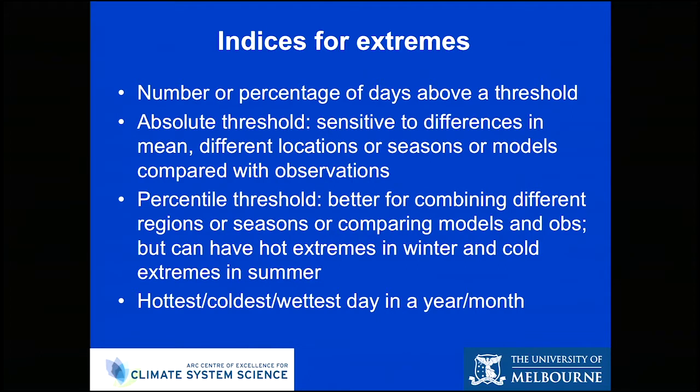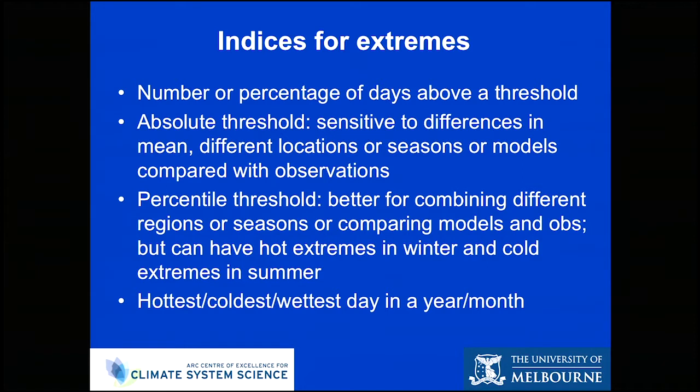But if you're only considering a season, which is roughly 92 days, and it's only 10% of that, it's only 9 days. That's why often the percentile-based thresholds have counts which are percentage exceedances, not numbers of days.